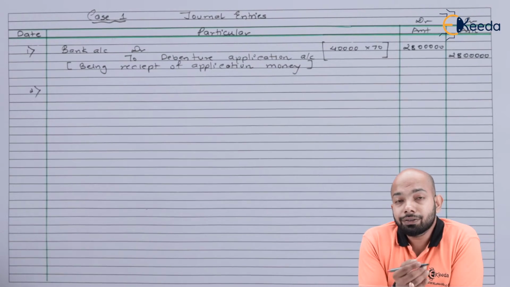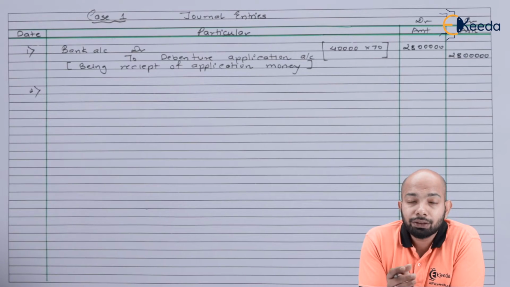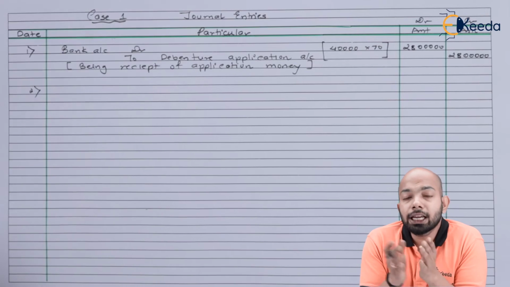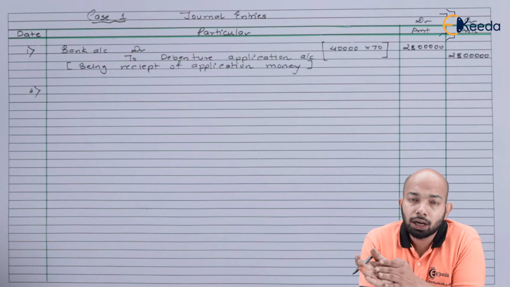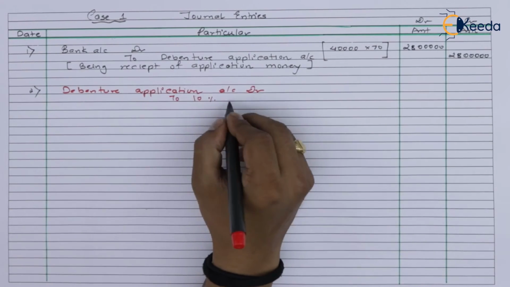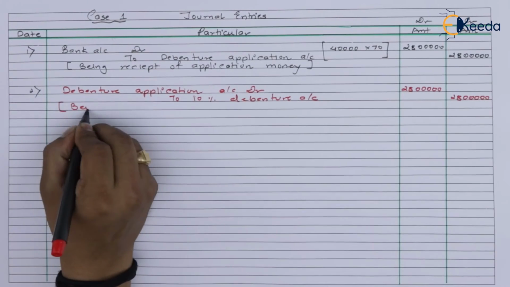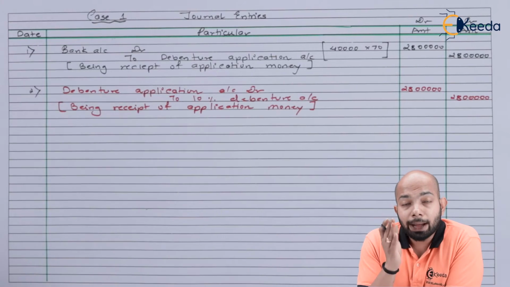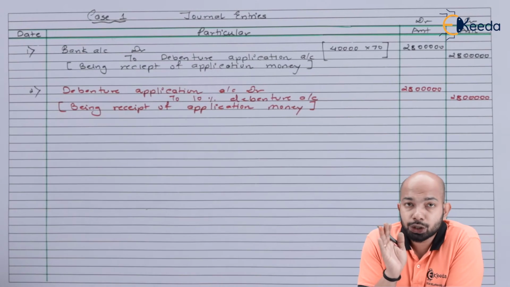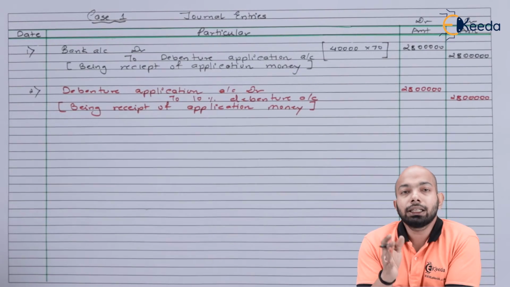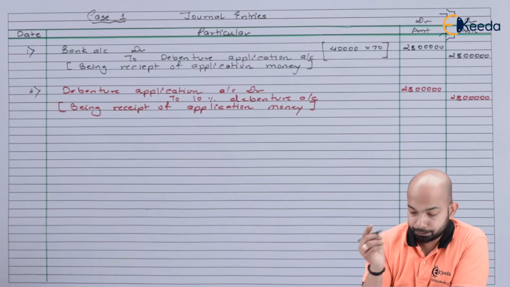Whatever amount we have received here, we have to move it to the debenture account. So, debenture application will now be moved to the debenture account here. So, application money has been moved to the debenture account. Now, the next will be the due of allotment money here.